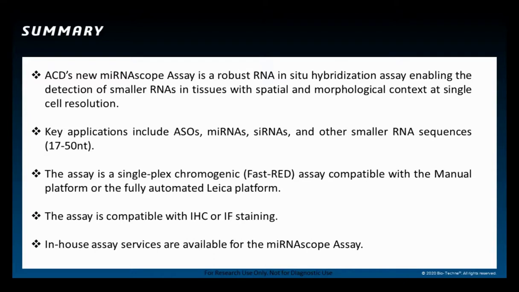The new assay is a single-plex chromogenic fast read assay that is compatible with manual platforms or the fully automated Leica platform. The miRNAscope assay is also compatible with IHC or IF staining for the visualization of RNA and protein simultaneously on your tissue.